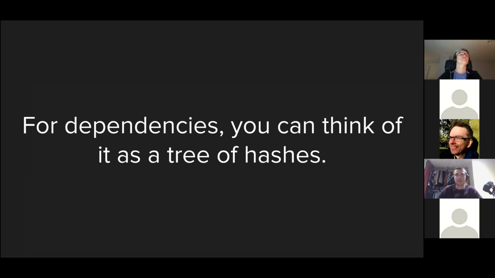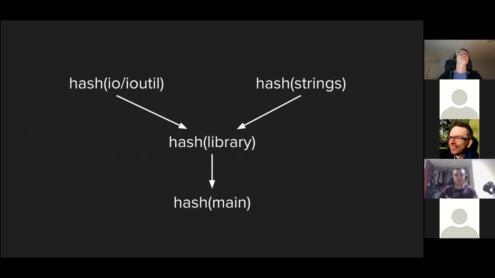And for dependencies, you can think of the hashing as a sort of tree of hashes. So for example, suppose that you're building a main package, a program, and it depends on a library, which depends on 2 standard library packages. So suppose that I modify the strings package. If I modify the strings package, I need to rebuild it, right? But I also need to rebuild the packages that import, or rather depend on the strings package directly or indirectly, because they might change behavior.